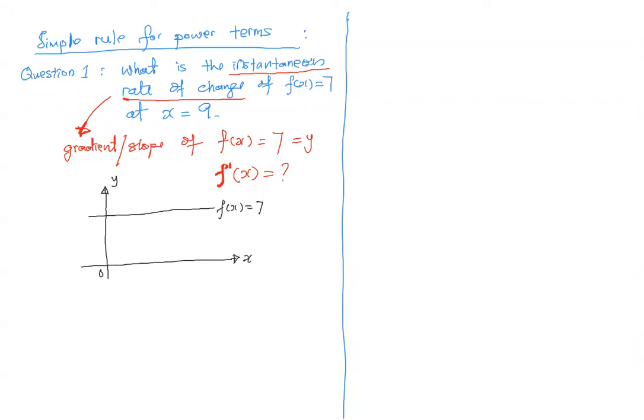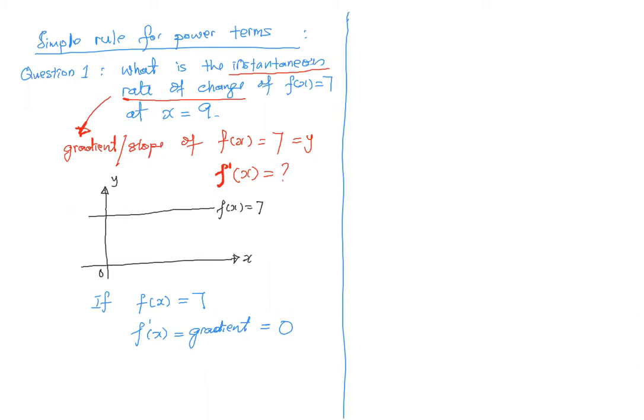Therefore the f prime x, meaning the gradient, is equal to 0. So if I ask you the rate of change at any point, it is 0.